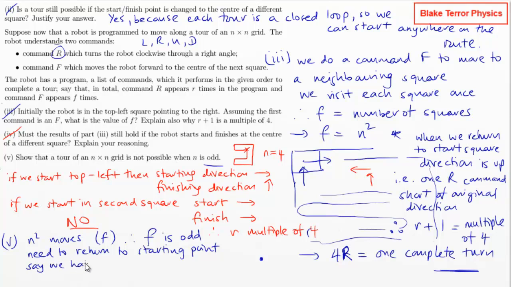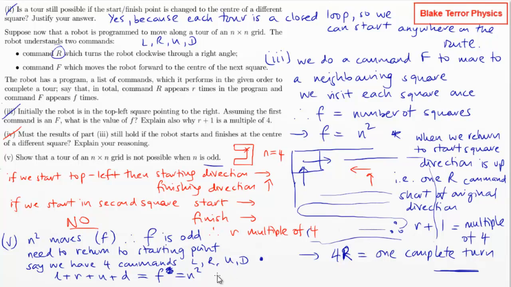Say we have 4 commands: left, right, up, down. Then we know that adding all of those up, so L plus R plus U plus D, all of our lefts, rights, ups and downs, because they're all moving to an adjacent square, has got to equal f, which is n squared. Okay.